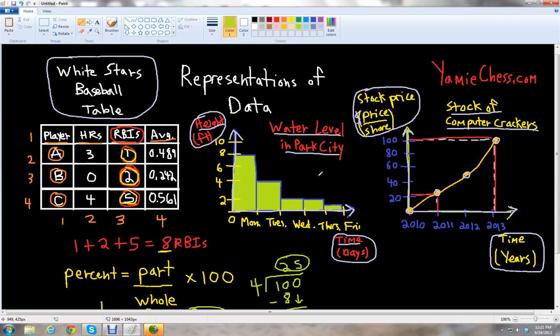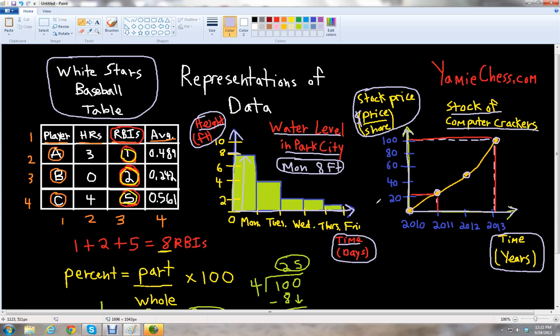And so the way to find that is just to look at the height of each bar and then find the one that has the tallest height, and we see that that's on Monday. And Monday has a height of 8 feet.